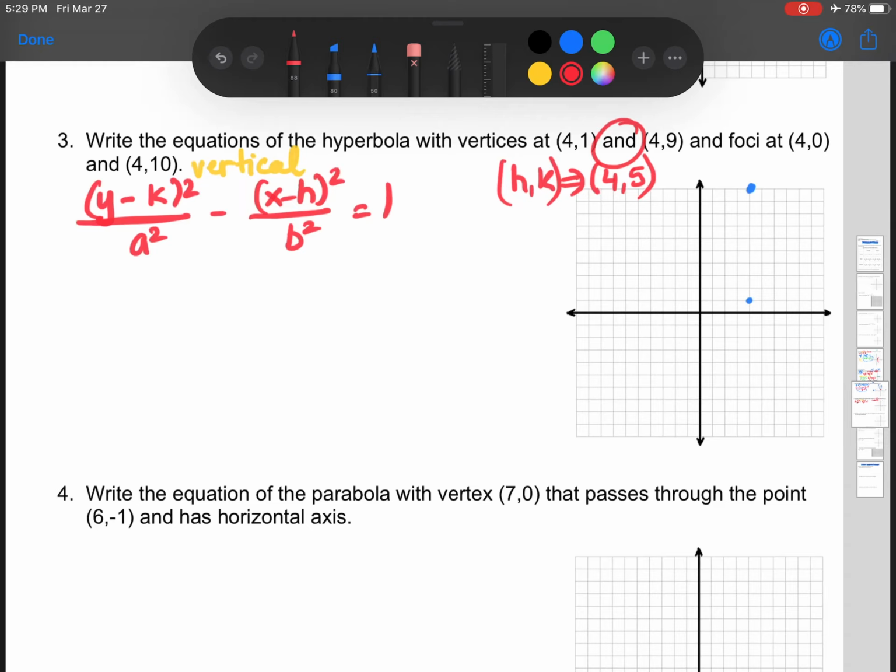Now I need to figure out my, let's plot that. 1, 2, 3, 4, 5. That's right in the middle. Oh, I graphed something wrong. This was (4, 9).